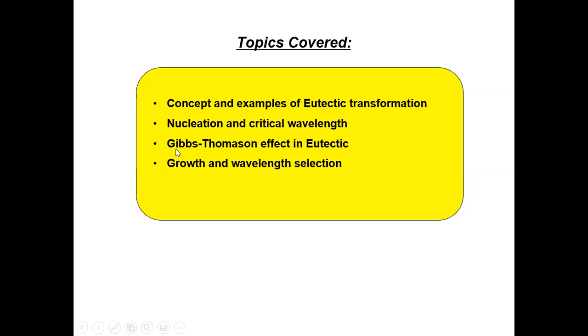Then we introduced another manifestation of the Gibbs-Thomson effect in eutectic transformation. And finally, we studied the growth kinetics and showed that in eutectic structure you also have a wavelength selection process. This allows us to get some very interesting thermodynamic signatures by analyzing the eutectic structure. Okay, so that's all I want to say about this system.